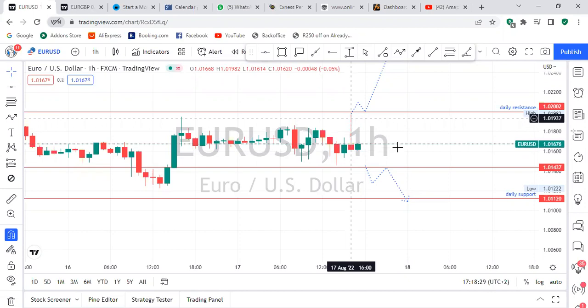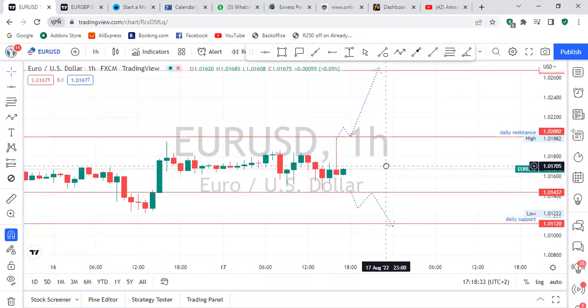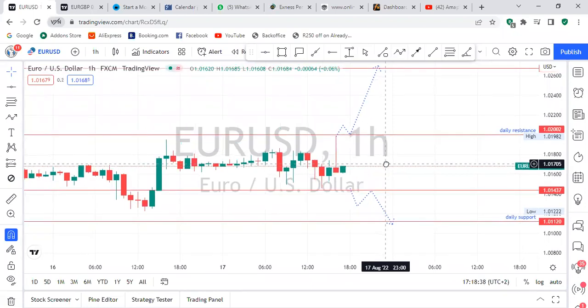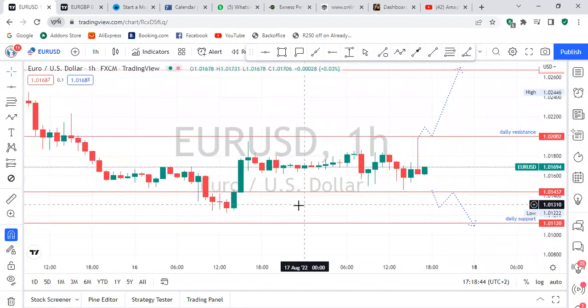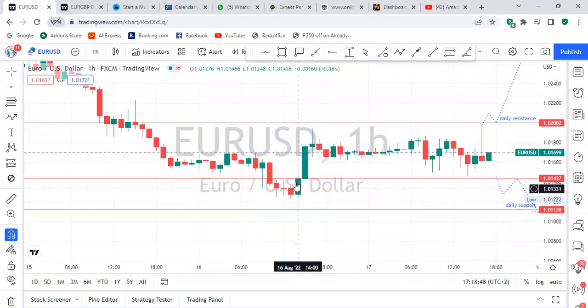We have got what we call bearish engulfing patterns as well. Bearish engulfing candles. Who knows what a bearish engulfing candle is? A bearish engulfing candle is a candle that engulfs the previous candle.